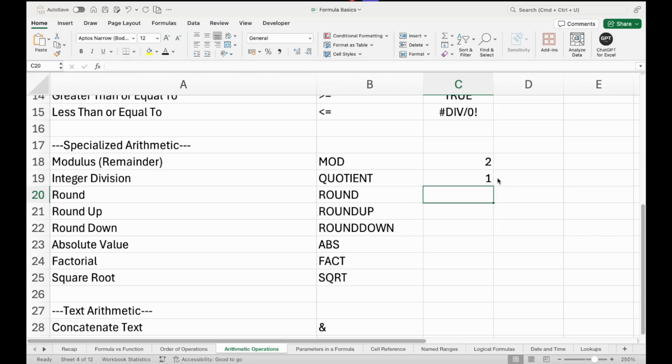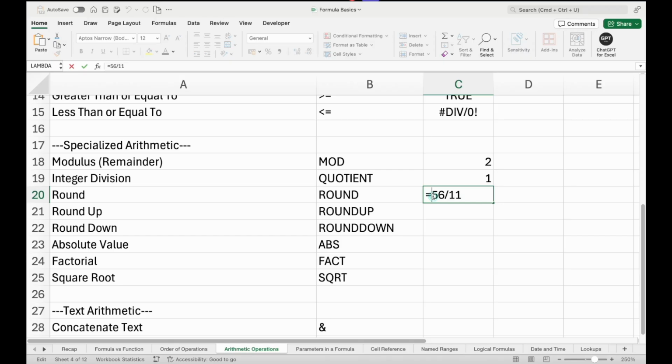Okay, rounding. In Excel, we may see something like, let's say, equals 56 divided by 11. You will look at this number with a lot of decimal points, and it does not look good when you have a lot of such numbers in your sheet.